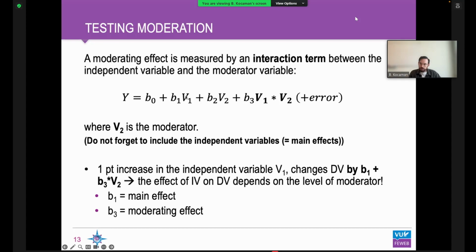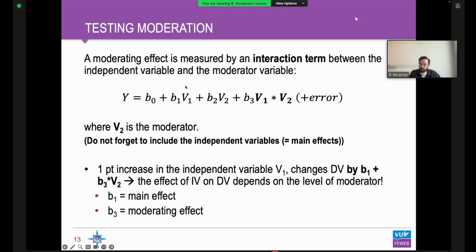You will always include both of the variables as main effects and their multiplication. Okay. And in this case, if you look at this, then beta 3, or B3, will be the moderation effect or moderating effect.